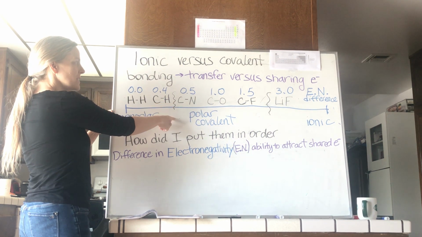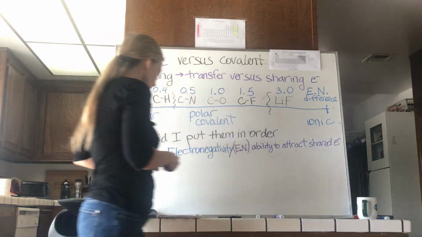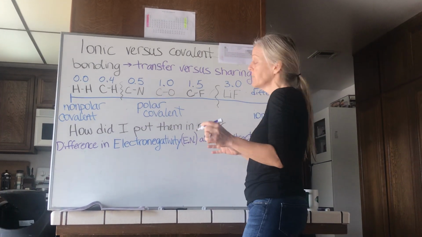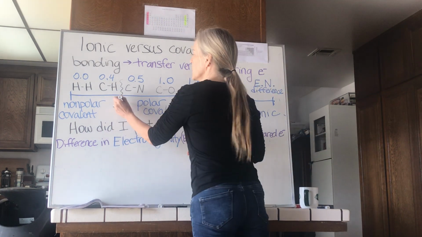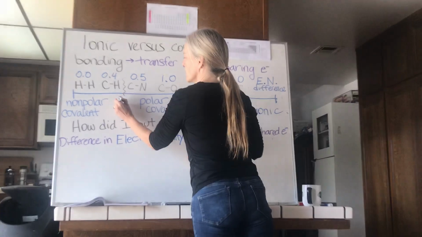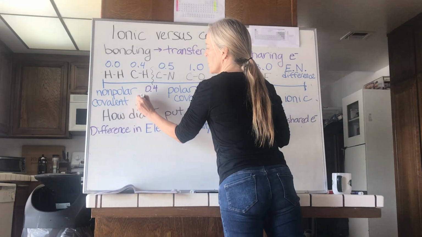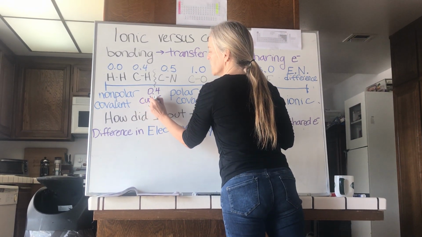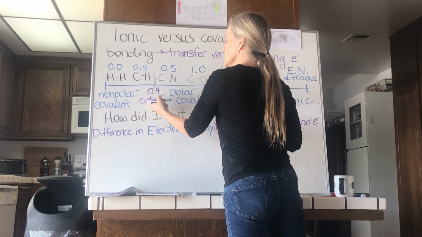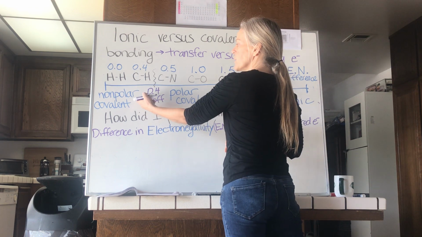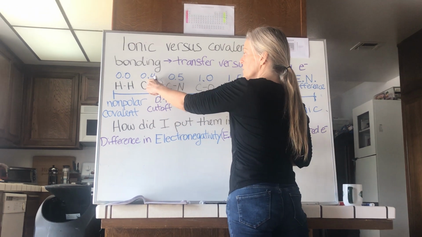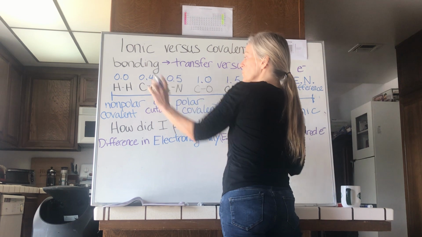They put values in here, and this is different. If you look in different books and different sites, it's different. So they'll put a value in as 0.4. Let me write cutoff so you know later on when you look at that. That's the cutoff to say that something's nonpolar. There's a value here, so it's not truly nonpolar.